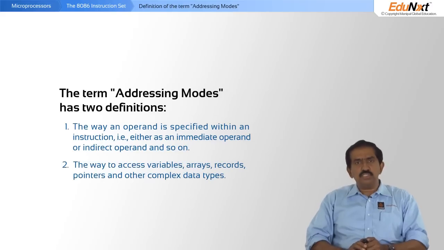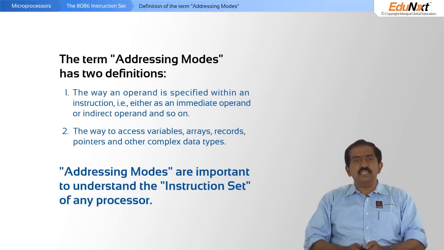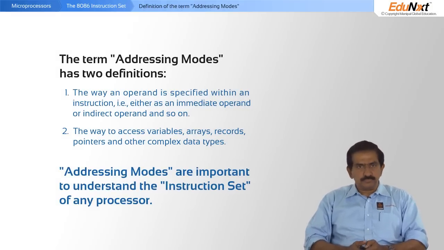The other definition of the term addressing mode is the way to access variables, arrays, records, pointers, and other complex data types. So these two are standard accepted definitions of the term addressing mode, and addressing mode is important when you want to understand the instruction set of any processor.